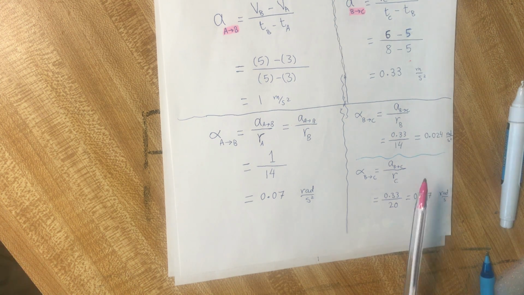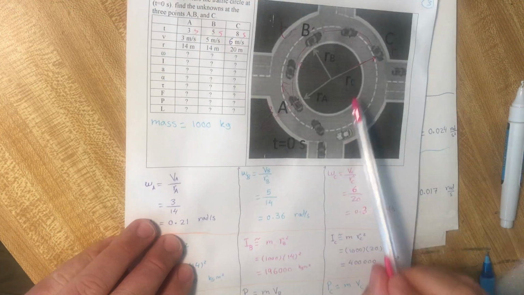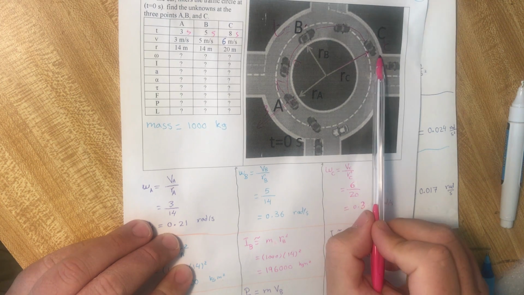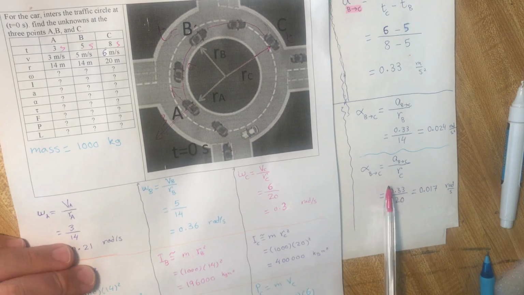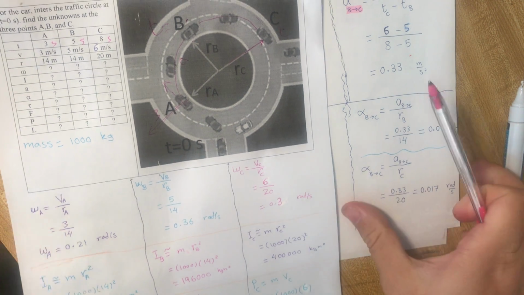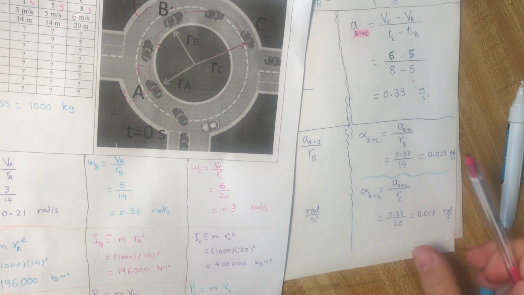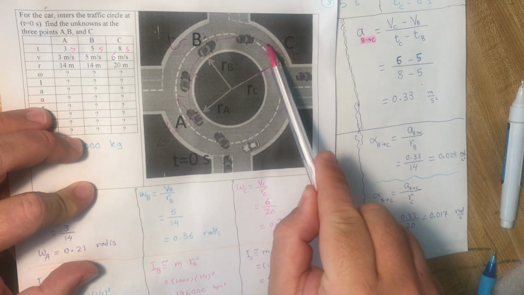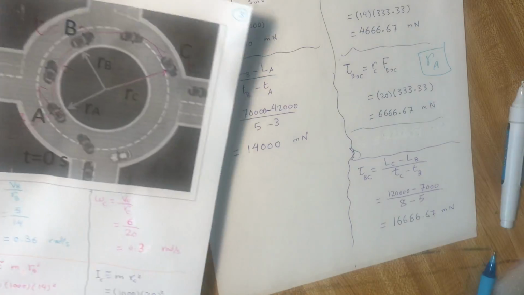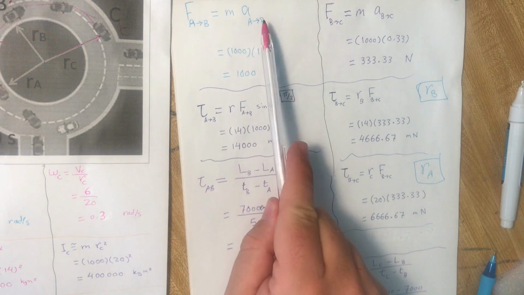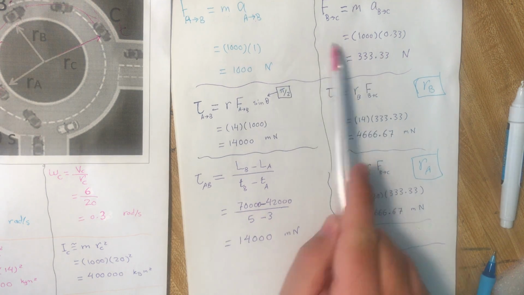But when the car goes out to the outer shell and comes to C, it has a different angular acceleration because the radius is different. We can find an average value between them when the car goes through this track. The force is equal to m multiplied by the acceleration in two cases.